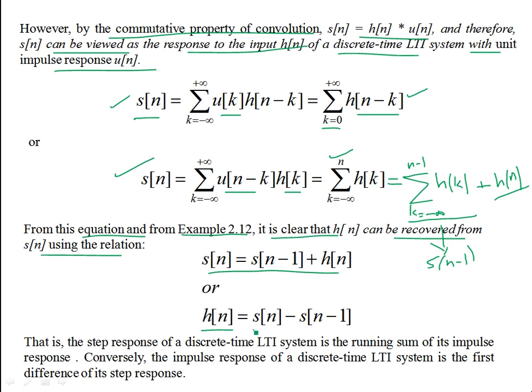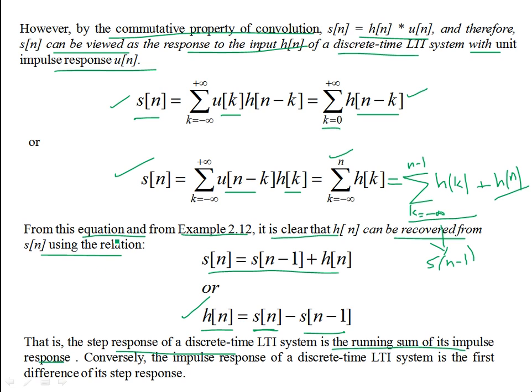That is the step response of the system minus the immediate past step response of the system. So you have to recall what has been accumulated up till the n minus 1 discrete time instant, and take the difference from the present sample; that is the impulse response. So the step response of a discrete time LTI system is the running sum of its impulse response.